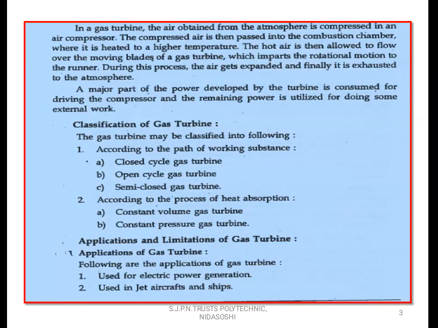Like that, in the gas turbine, atmospheric air is compressed in a compressor where its pressure and temperature increase. The hot air from the compressor is then passed into the combustion chamber to increase its temperature. After that, the hot air is made to flow over the moving blades of the gas turbine, where it imparts some of its energy to the moving blades, rotating the runner.